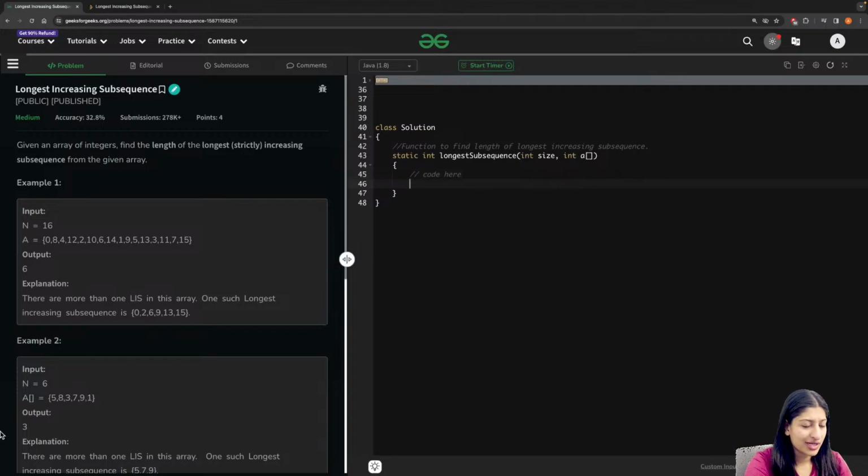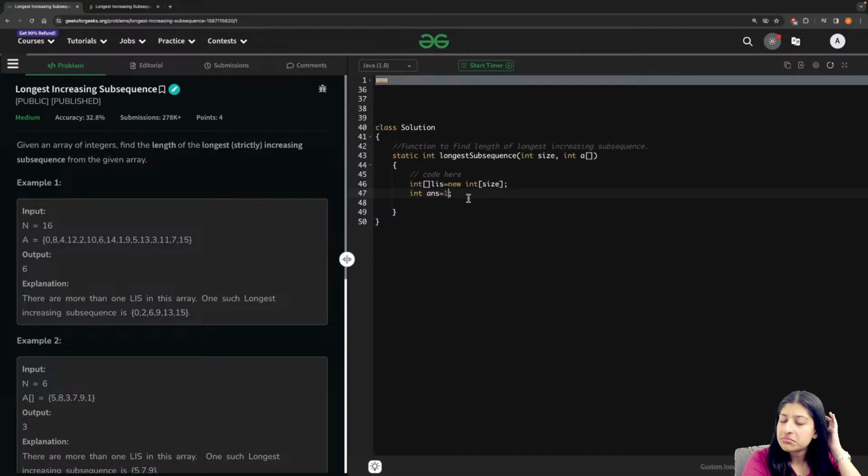So I'll just quickly write this DP approach for you all, so that you can understand. Let's take int lis equal to new int of size. Let's take an int answer and initialize it to 1.